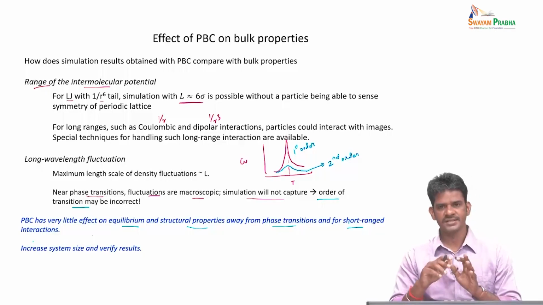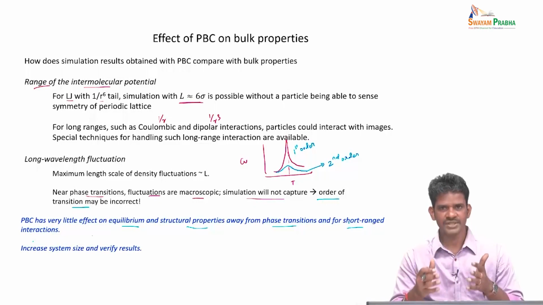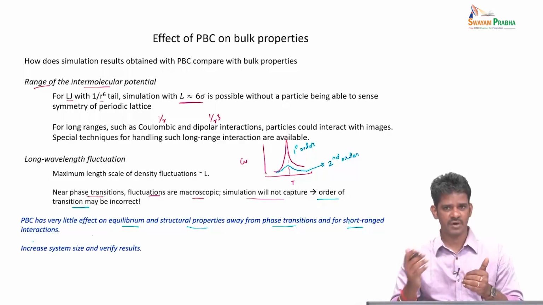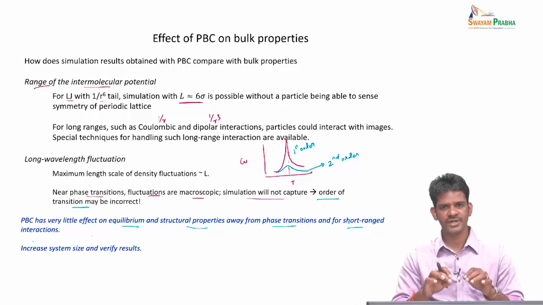In any case, one of the easiest things you can do to check whether periodic boundary conditions are influencing your results is to just double the system size, find the properties, and compare whether increasing the box size has affected your results. That's the easiest trick to verify any influence of periodic boundary conditions on the properties that you measure.